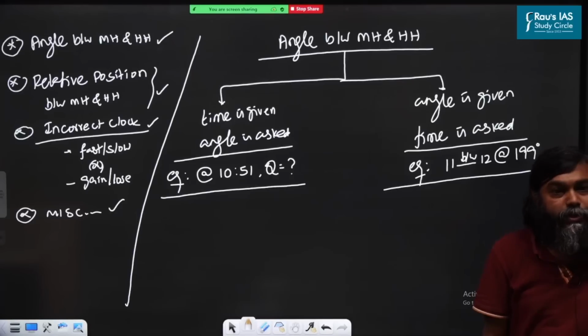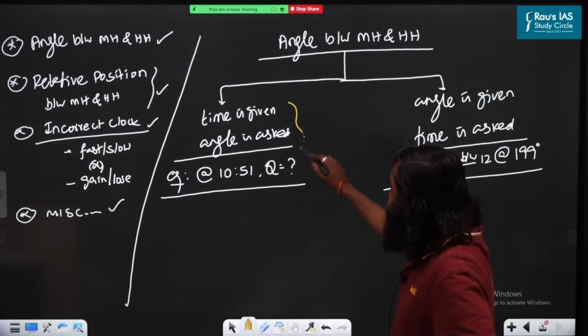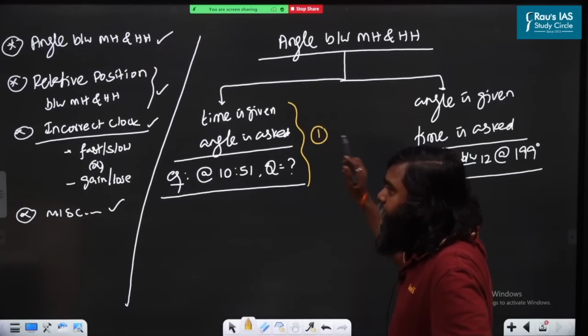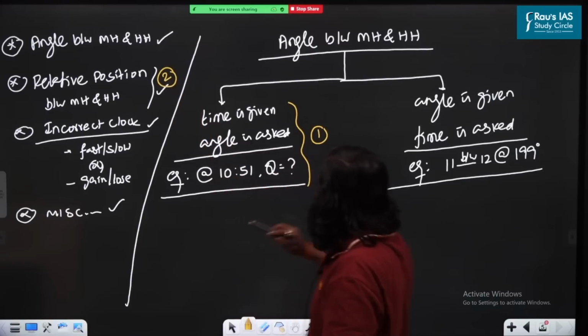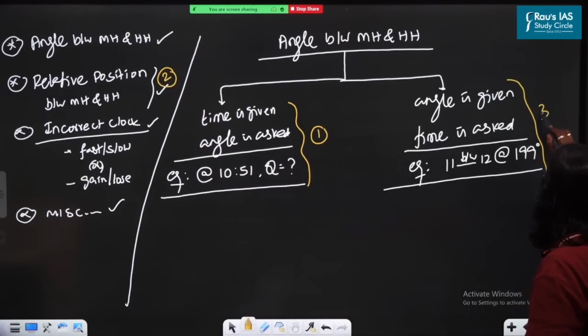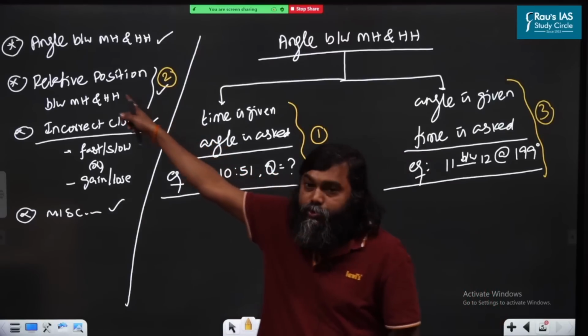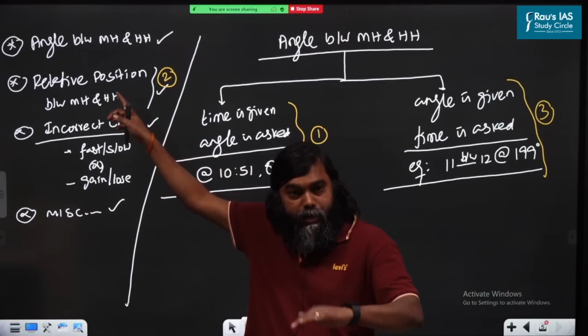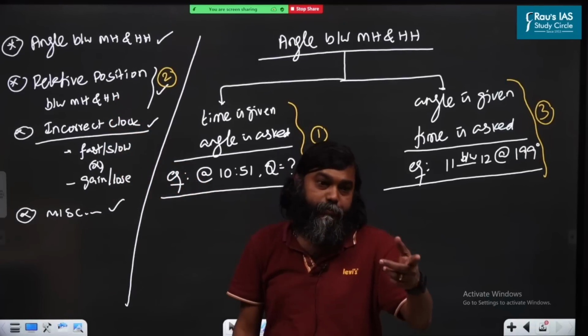Now, what is our order of teaching? First, I will finish this. Then I will not teach this; I will go to the second, then come back to the third. Why, sir, did you change the order? Here only I will teach you in 1 hour any angle, minimum how many times, maximum how many times.